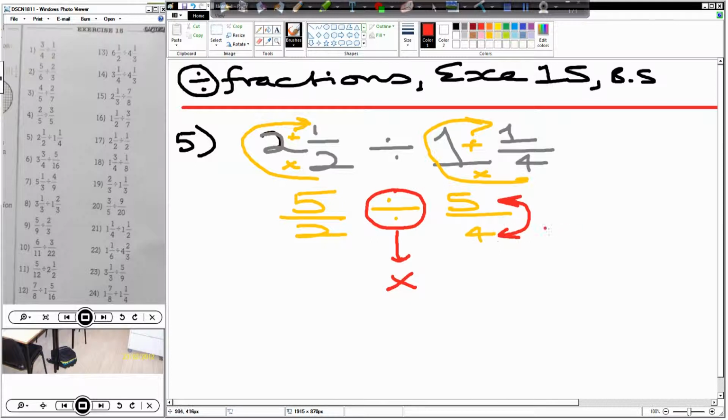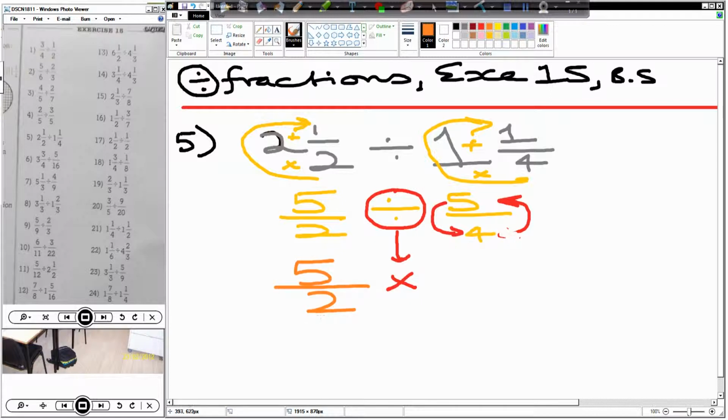Actually, let me just change the arrow there a bit. That's not as good as I want it to be. Right. So the 4 goes to the top and the 5 comes to the bottom. That's a better way of writing it. Let's just copy it back down again now. So we have 5 over 2. What happens to 5 over 2?